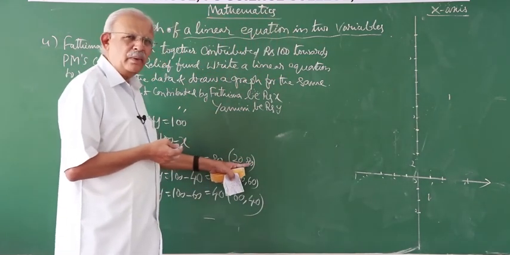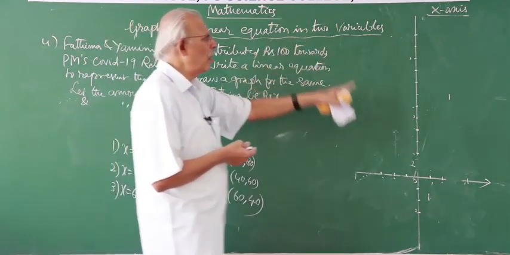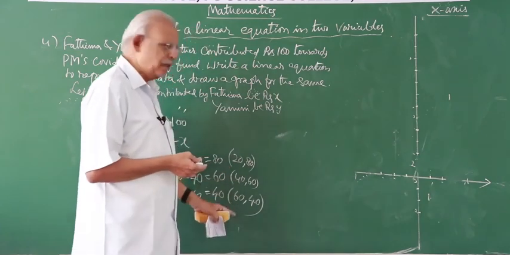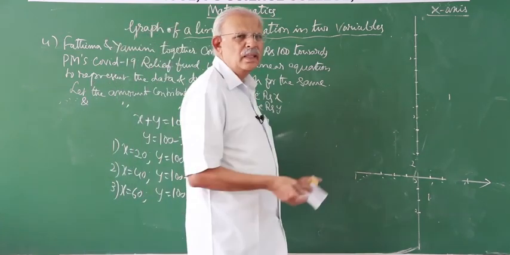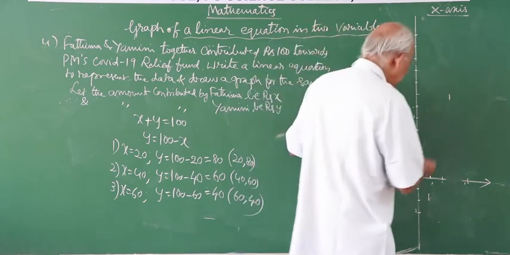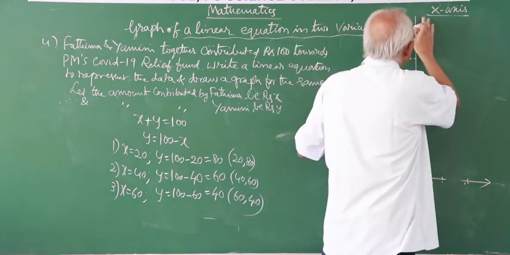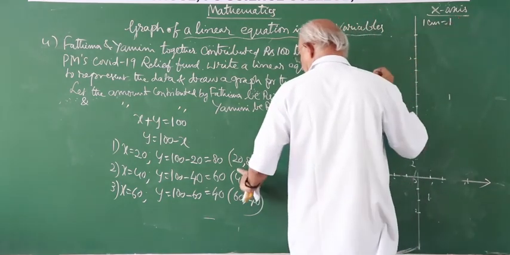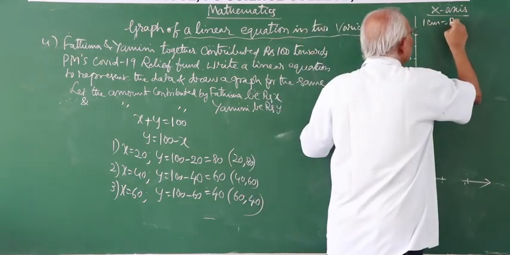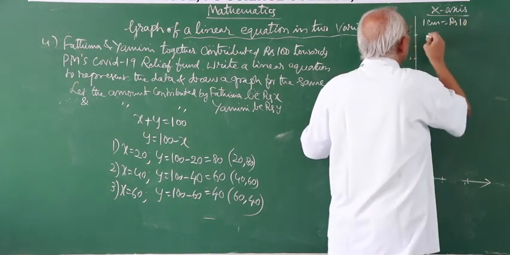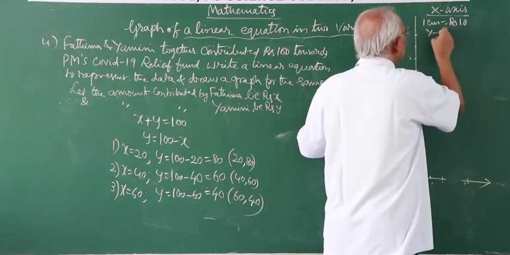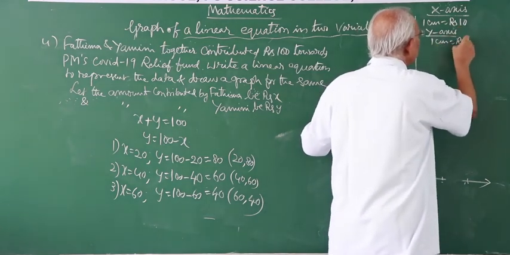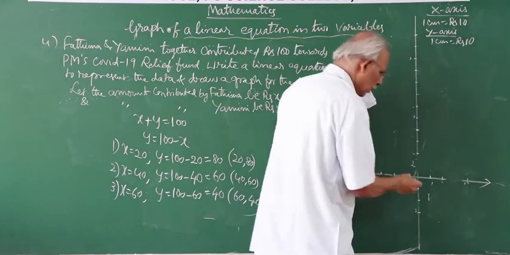Because in y-axis 80, you can mark 8 centimeters. So y-axis 20, 40, 60, of course, you can mark 6 centimeters. Therefore, look here, take x-axis 1 centimeter equals, this is rupees, so rupees 10. Y-axis 1 centimeter equals rupees 10. You can take like this.